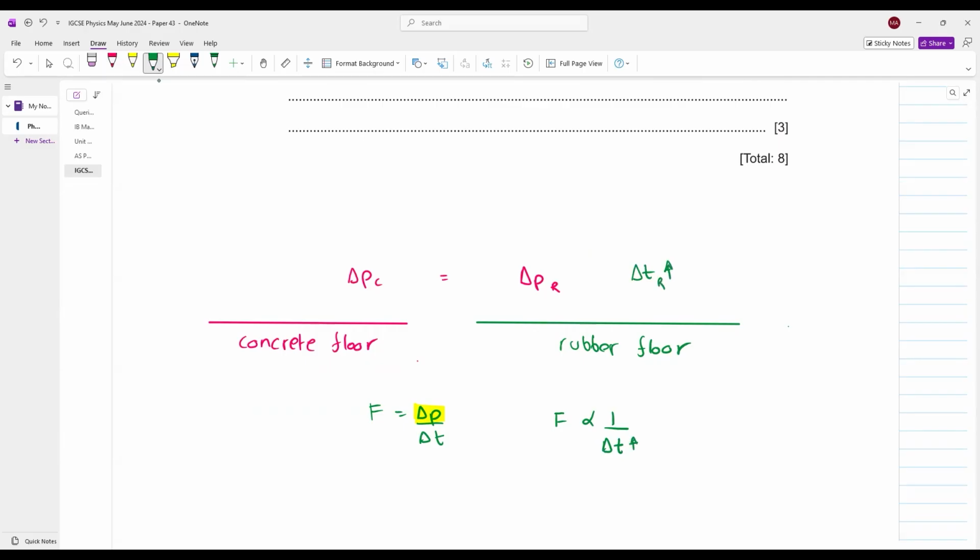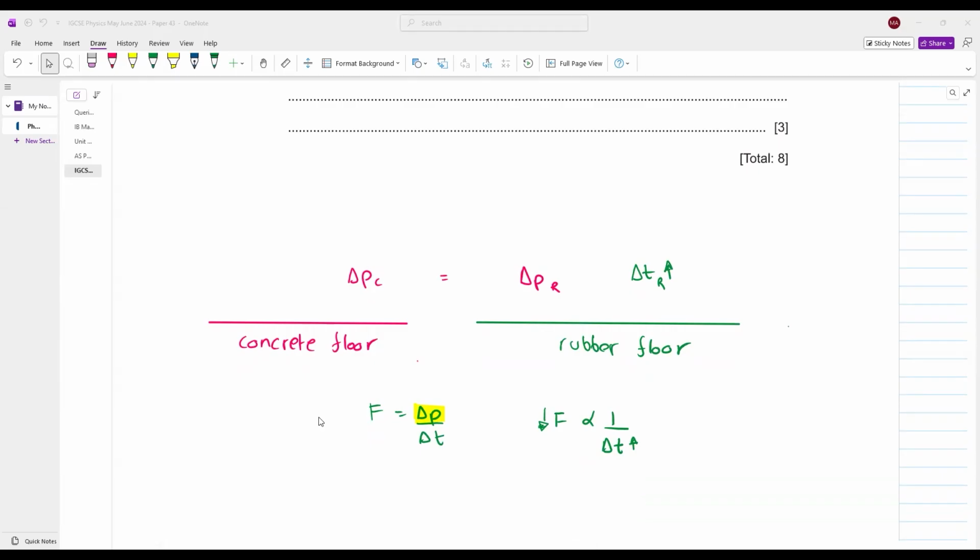Hence, the force applied on the rubber floor will be less. This is the entire logic. This is how you will write the answer. First, resultant force is equal to change in momentum over change in time. Since the momentum change is constant, the rubber floor takes a larger time of collision. The resultant force on the rubber floor decreases. That's why the rubber floor reduces the injury.